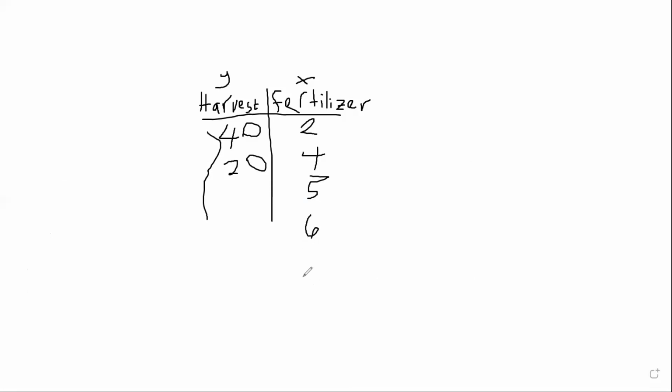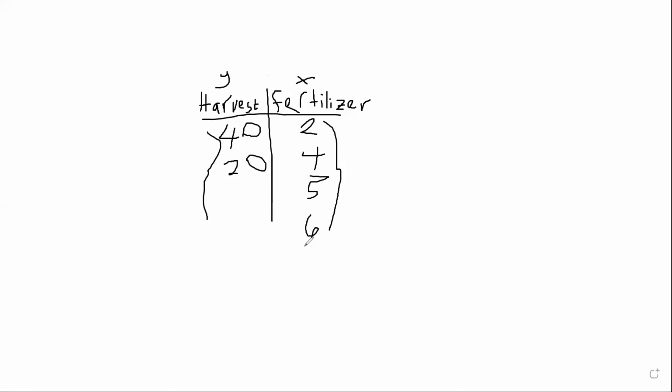If somebody says, oh sir, if I apply 100 kilogram of fertilizer, can you predict my harvest? Then I'll say, oh no, my model doesn't have numbers that go up to 100. So I am limited. I can predict things in this neighborhood. If you say your fertilizer is 3, I have data in the neighborhood of 3. Even 7, I can predict things about 7, 8, 9.